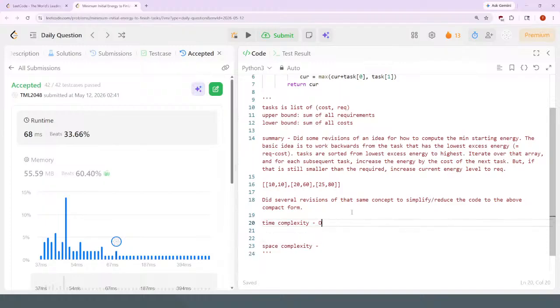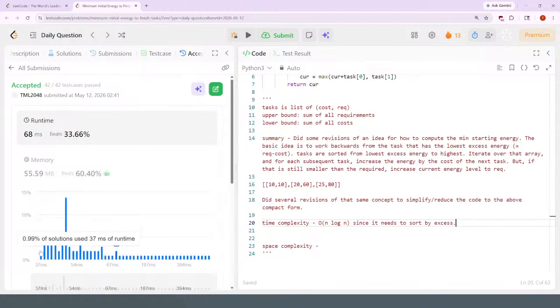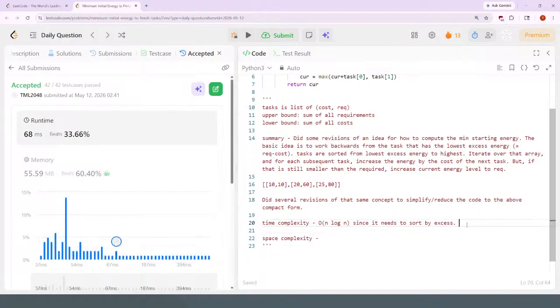Time complexity is going to be O of n log n, since it needs to sort by excess. I feel like that's necessary, but I also feel like this indicates that it's maybe just O of n, based on the submission speed compared to other solutions.